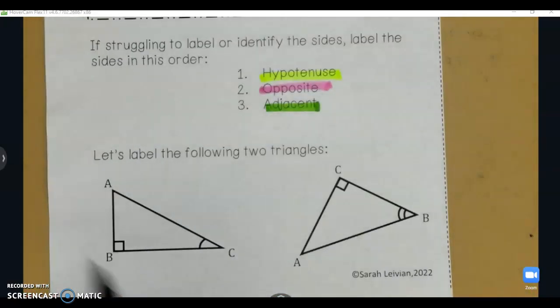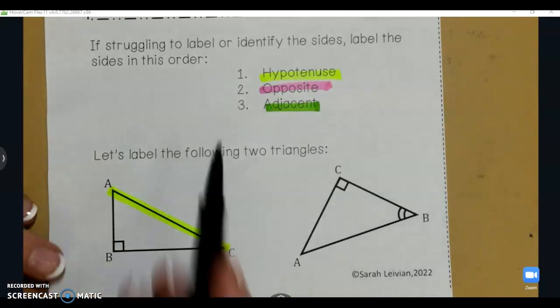So let's look at these two here. Here, this angle C is our given angle. And the hypotenuse does not change depending on our given angle. What changes is our opposite and adjacent sides. So looking here, my hypotenuse is always going to be across from the right angle. So that is this side AC here. That is my hypotenuse.